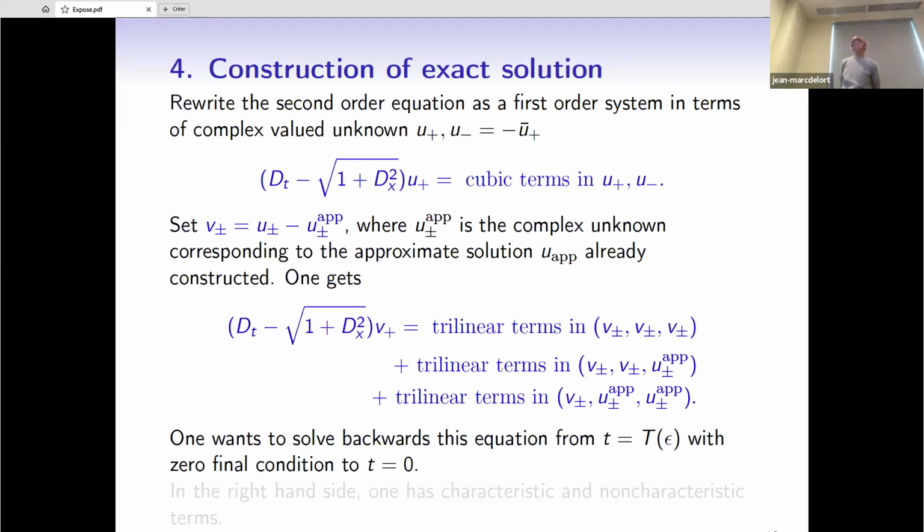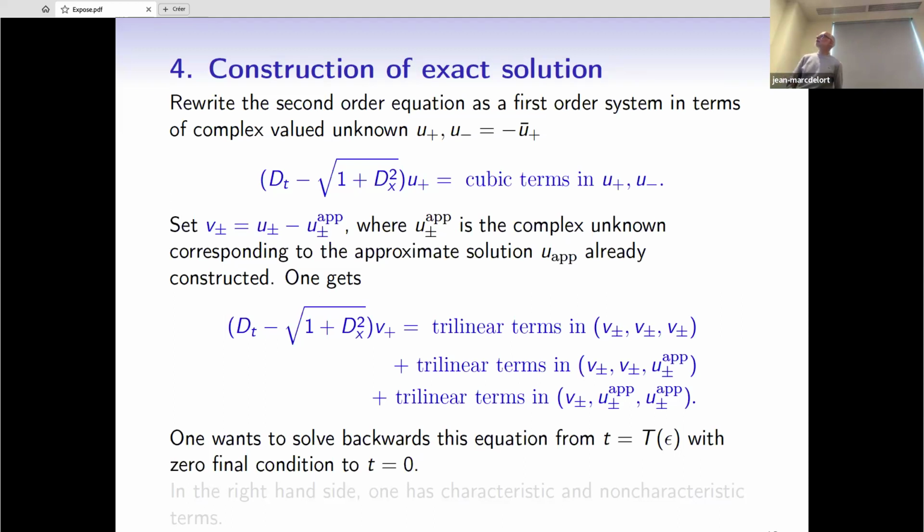And so what you want to do now, well, you want to solve this equation started at time t equals t of epsilon with an initial condition v plus equals 0. And you want to solve backwards and to show that your solution exists up to time t equals 0, and that at time t equals 0, it is conveniently small.